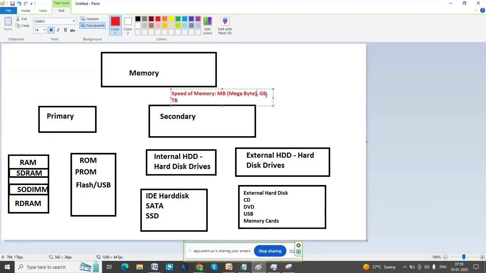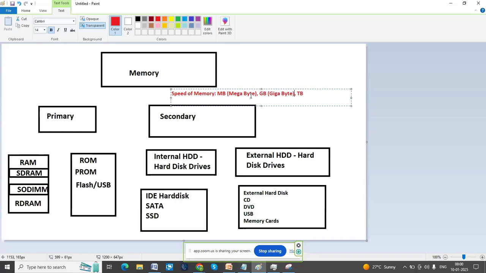What is meant by byte? One byte is nothing but 8 bits. If 8 zeros or ones are there, 8 numbers together make 1 byte. So in that way it comes into the picture. You might say, I have a hard disk of 500 GB. GB is gigabyte. In general, 1000 bytes equal 1 kilobyte, 1000 kilobytes equal 1 megabyte, 1000 megabytes equal 1 gigabyte.